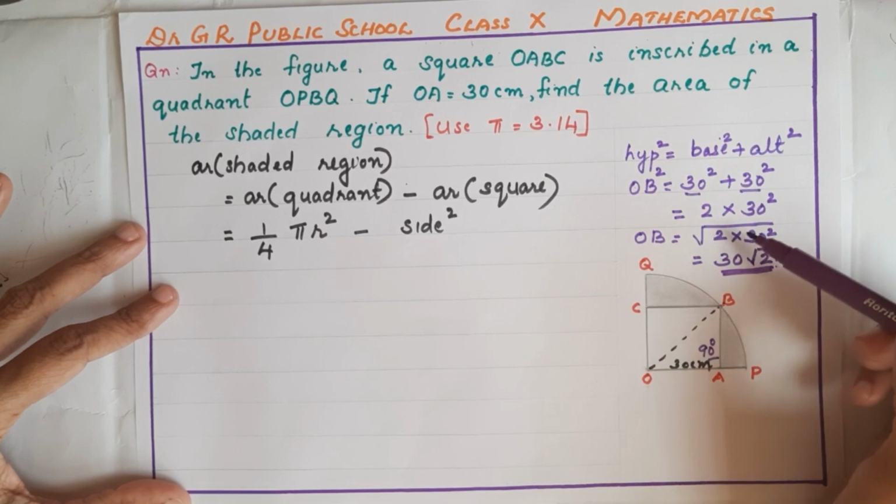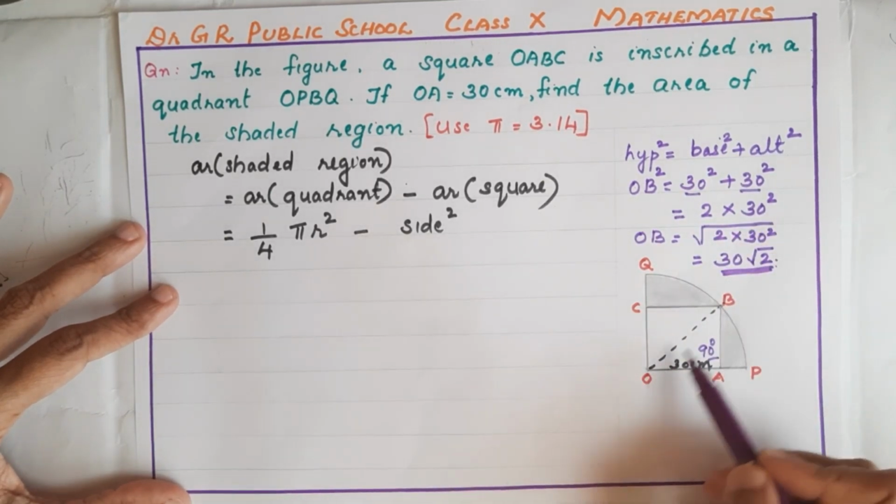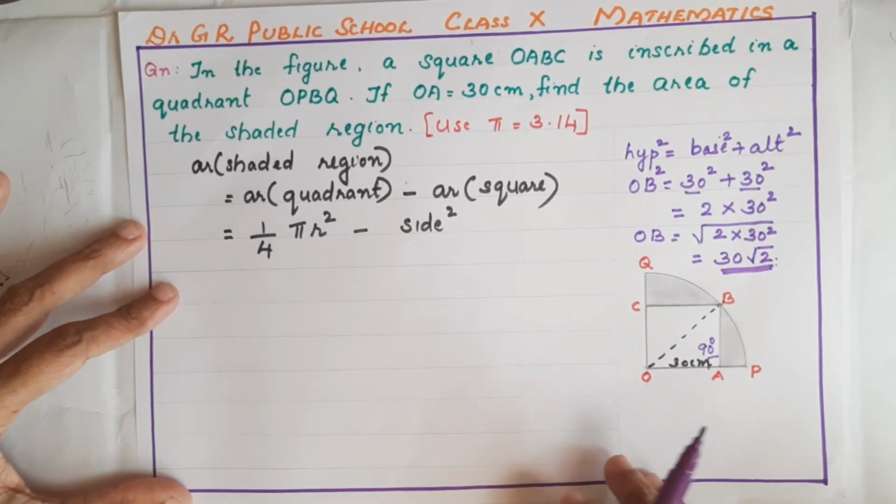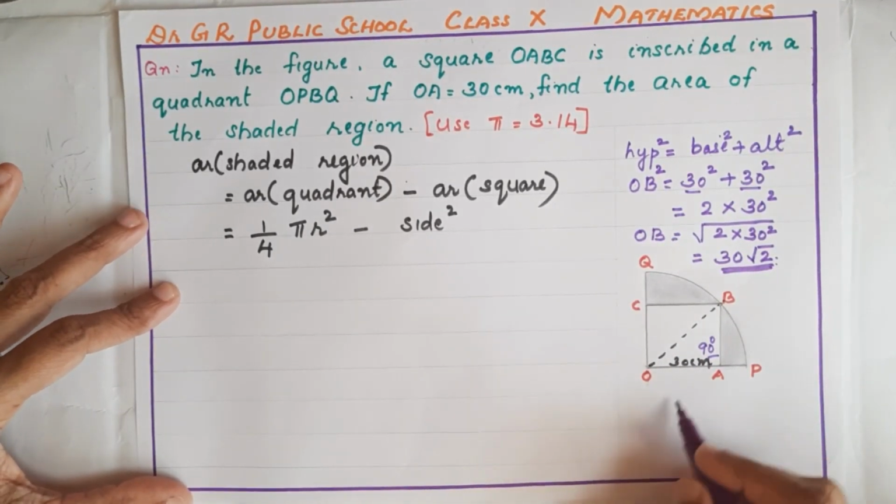But without doing all these calculations, we can find this diagonal very easily, isn't it?